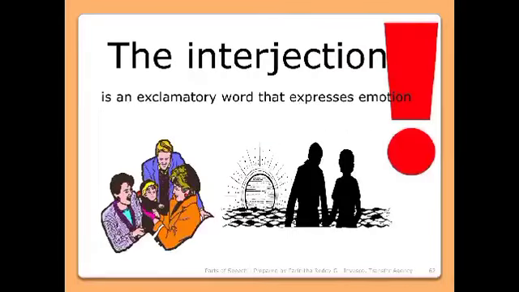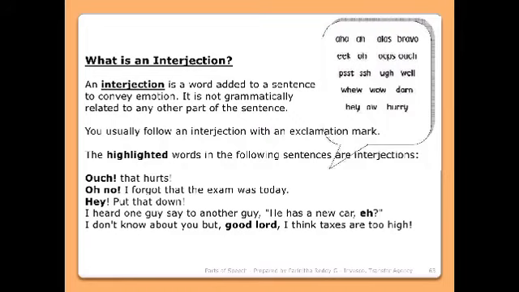Now what's an interjection? An interjection is an exclamatory word that expresses your emotions. It's a word that is added to a sentence to convey the emotion. It's not grammatically related to any other part of the sentence. You usually follow an interjection with an exclamation mark, like the highlighted words in the following sentences. Ouch! That hurts.